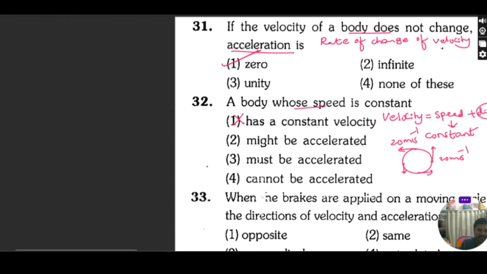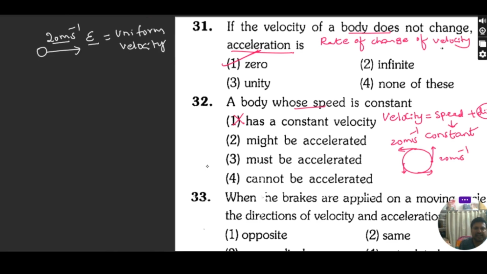Suppose a body is going along a straight line with a speed of 20 meter per second, say towards east. Here your speed is constant and direction remains the same. So the body is moving with uniform velocity.